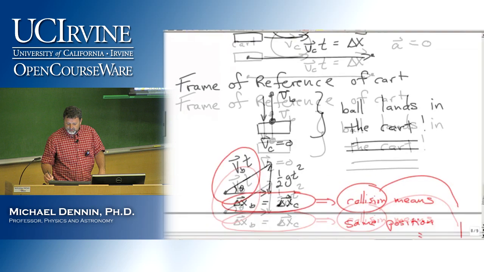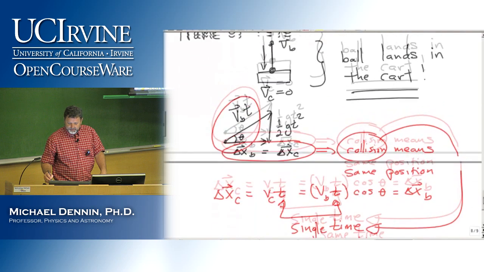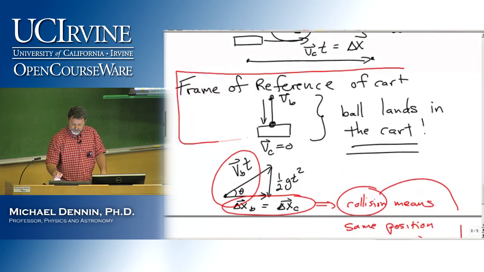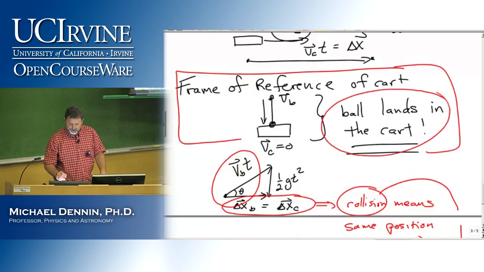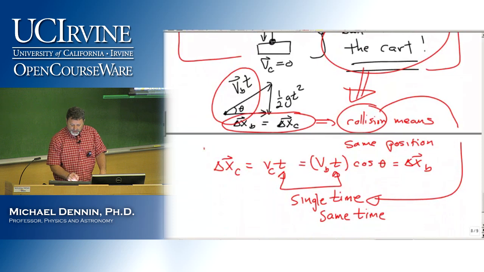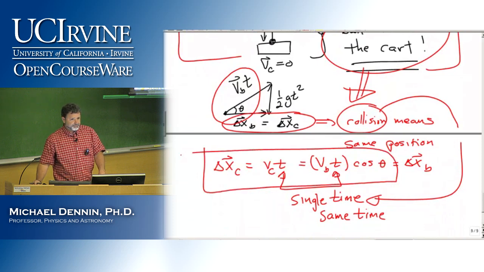Here, I've determined by using this frame of reference that the ball landed in the cart, therefore I have a collision, and therefore I can write this equation. That is a central piece that will come up over and over again in these problems. So you really want to be aware of that.